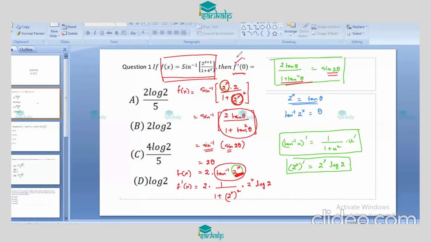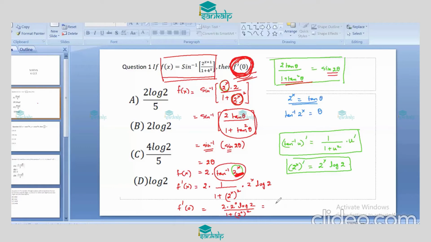But after finding f prime, the question is asking f prime of 0. So put x as 0. 2 into 2 power 0 log of 2 by 1 plus 2 power 0 whole square.